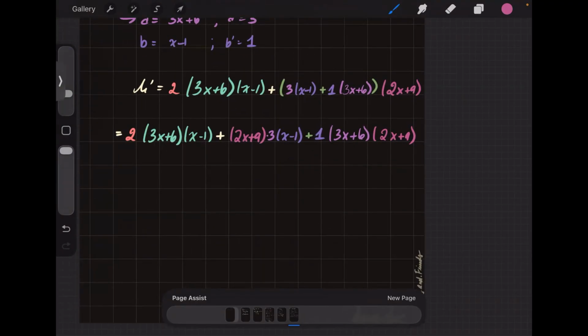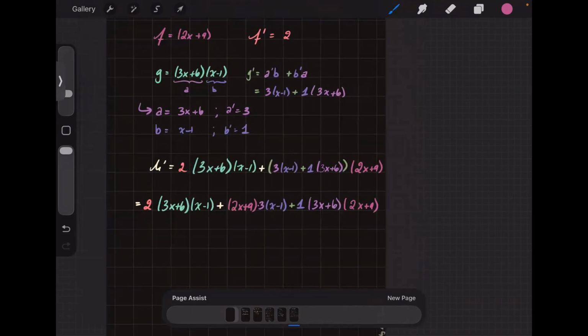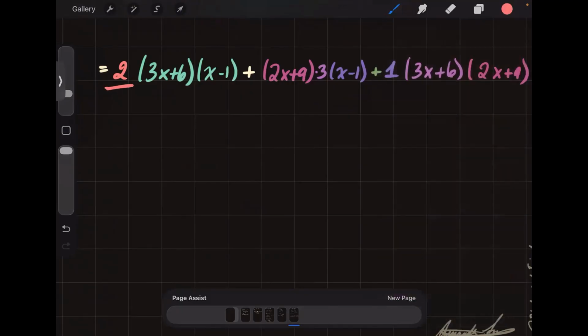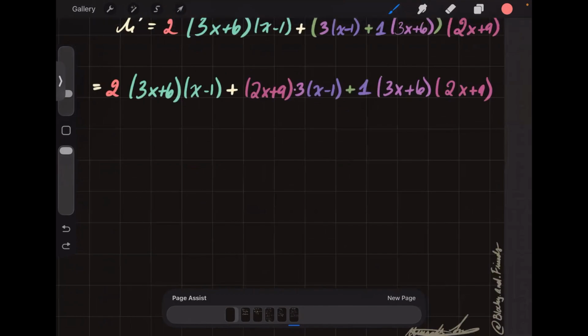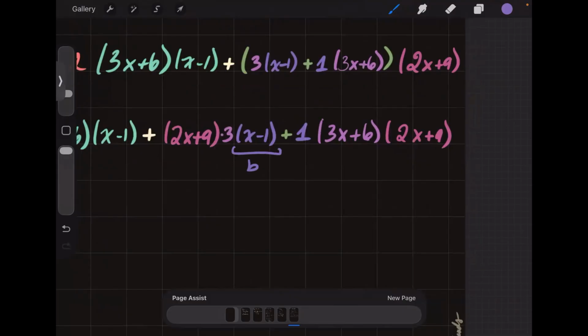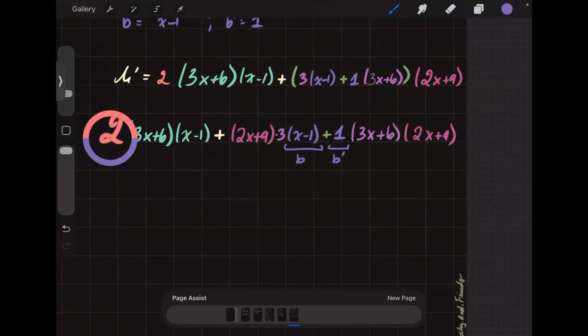Interesting. I'm going to do a little bit more color coding, okay? So we know that this is going to be f prime, and we know that this purple is going to be b and b prime. This is going to be f prime.